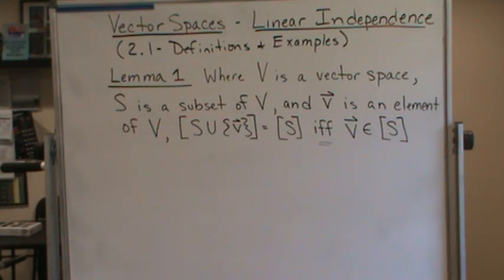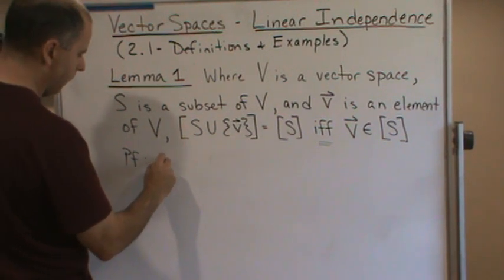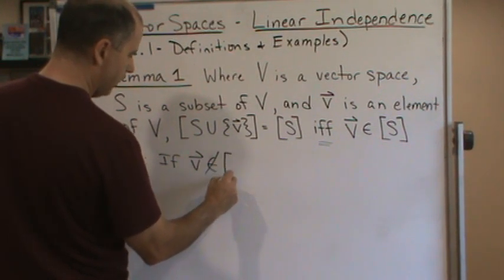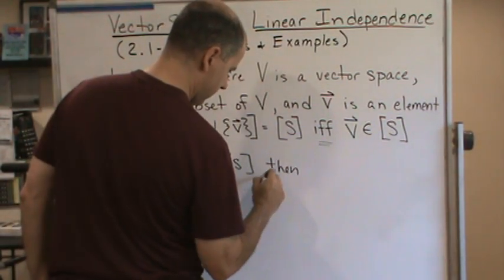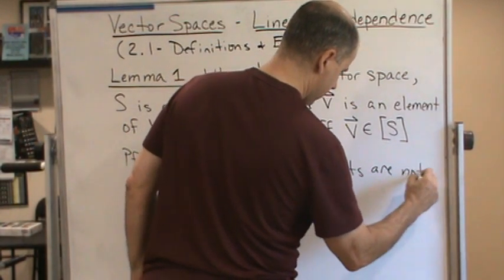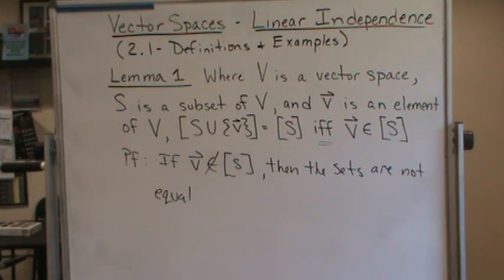Because if v is not an element of the span of S, then the sets are not equal, right? And why is it not equal?